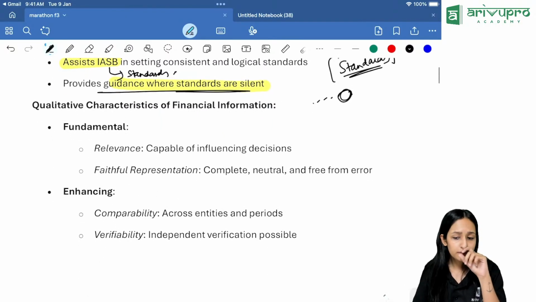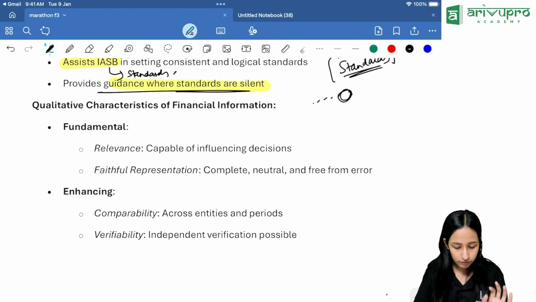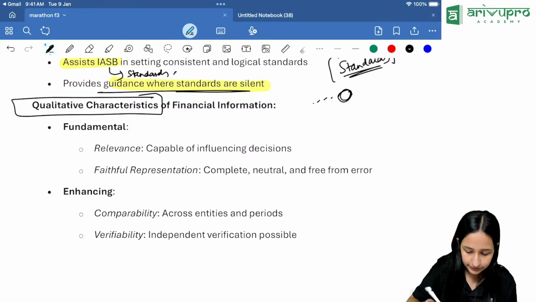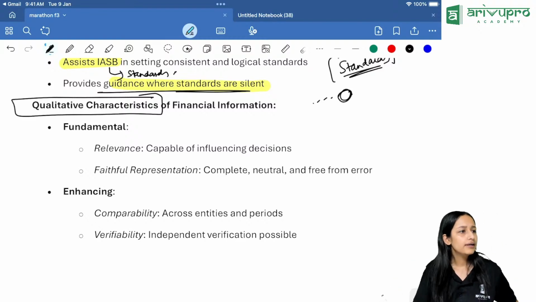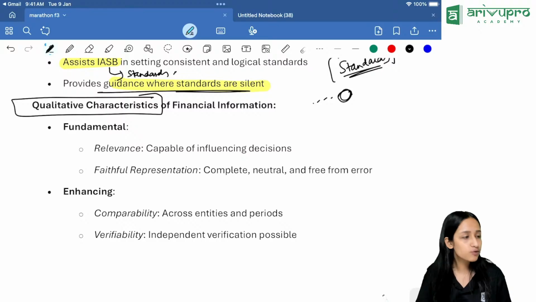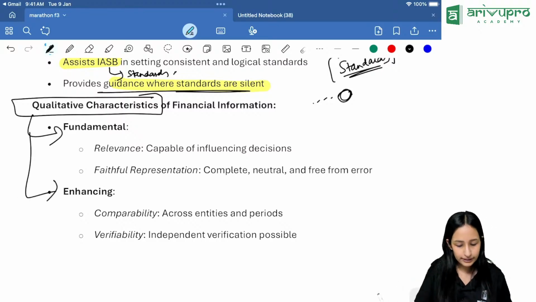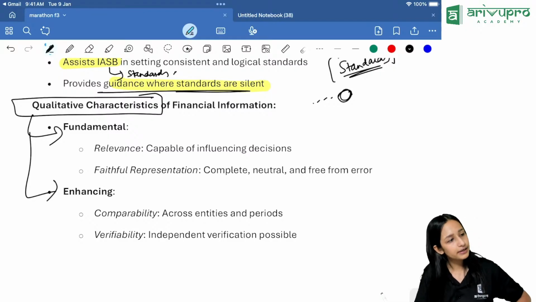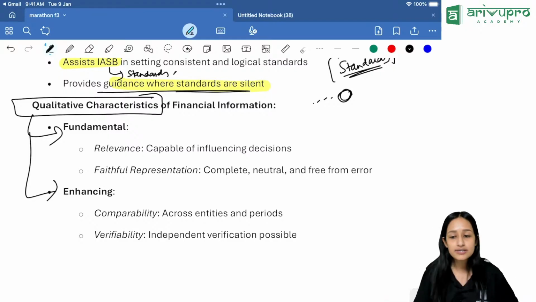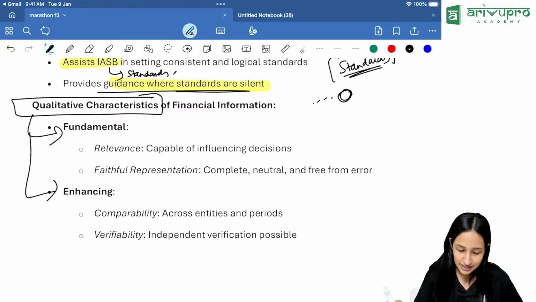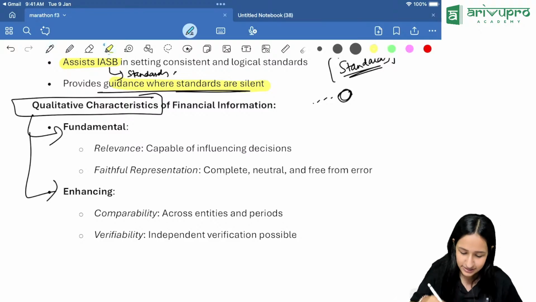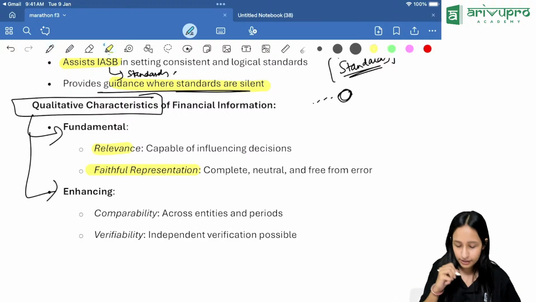Okay, now whenever we're talking about conceptual framework, we always have to deal with qualitative characteristics of financial information. Now, any information is good information only if it complies with these two qualitative characteristics. One is the fundamental qualitative characteristics and one is the enhancing qualitative characteristics. Fundamental qualitative characteristics are relevance and faithful representation.